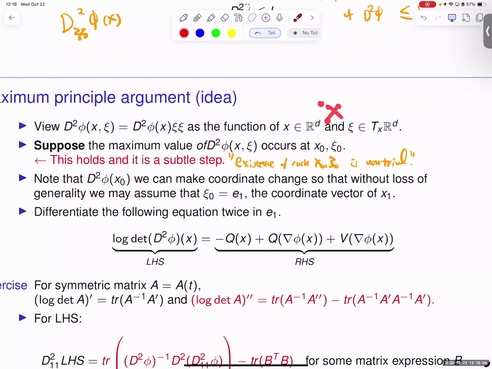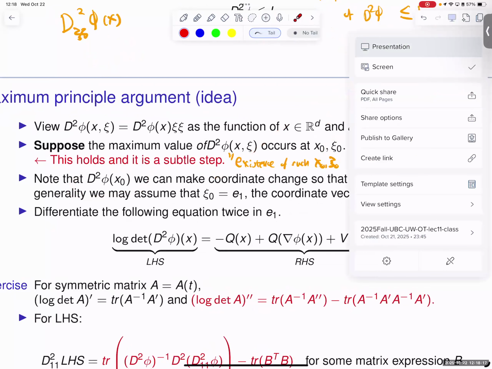But of course, we are in R^d, so there's no reason why you cannot take this as your x1 direction. You can just choose the coordinates in that way. Choosing coordinates is our freedom.